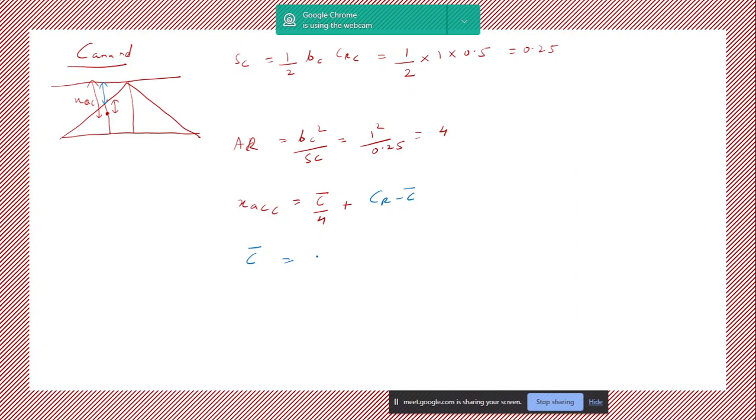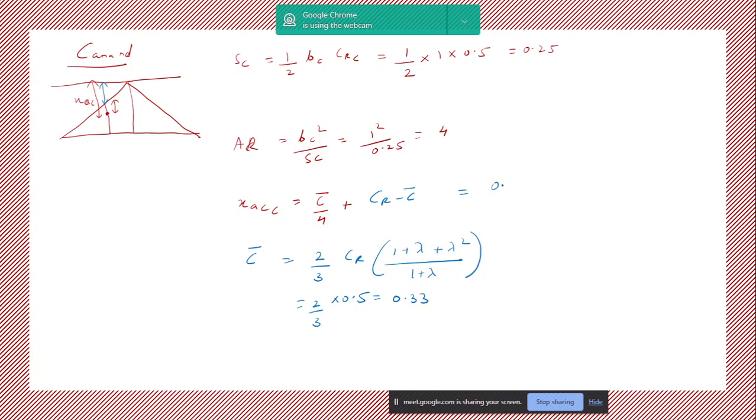C bar is, what was the equation? 2 by 3 CR 1 plus lambda square 1 plus lambda. In this case, our taper ratio is 0, so it's just 2 by 3 into CR was 0.5. How much is this? It's 0.33.